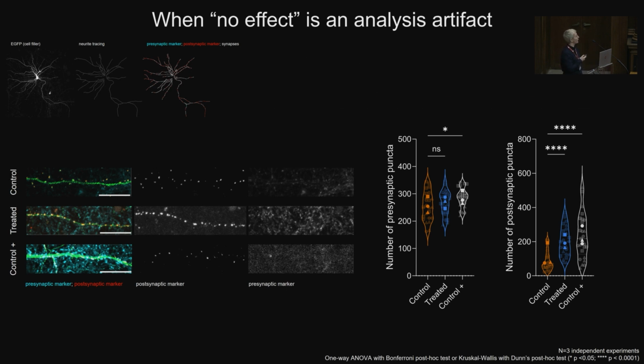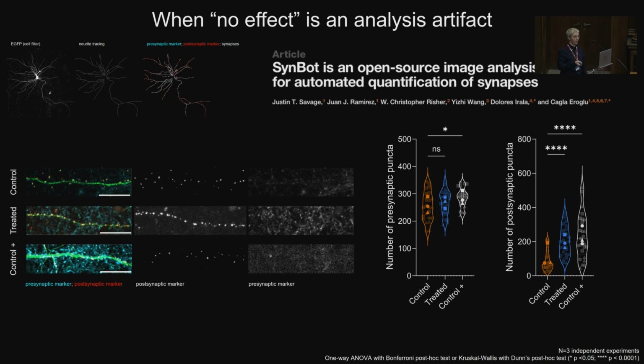Before going into conclusion, I would also like to flag this other plugin, Symbot, which has been very recently published. I think it is very powerful because it goes in the same direction I mentioned before for machine learning: it automatically quantifies the number of synapses over the neuronal structure.